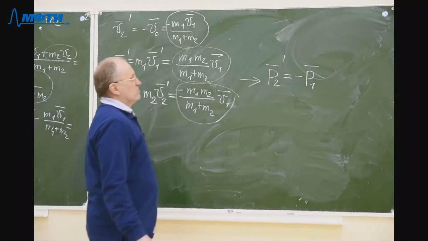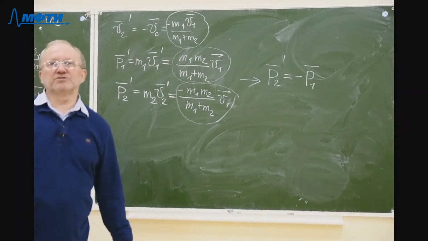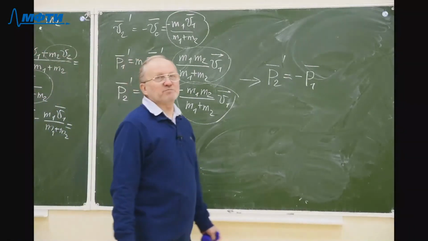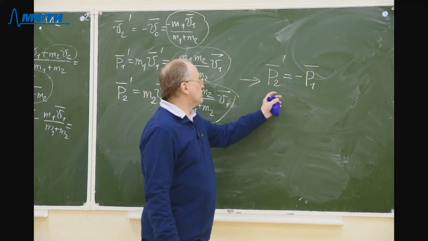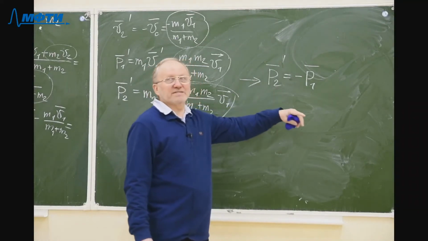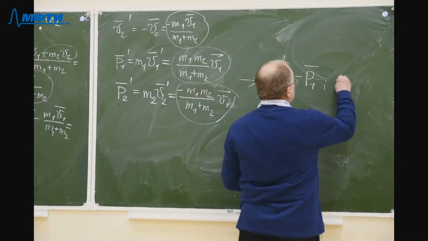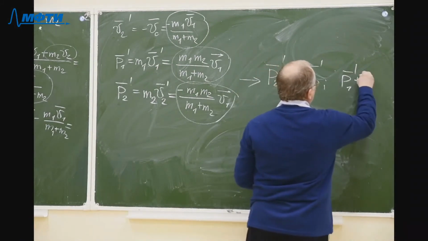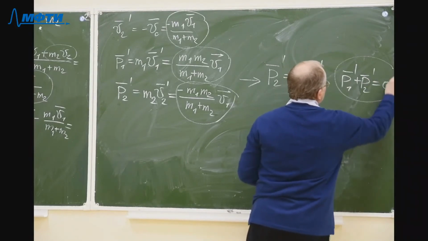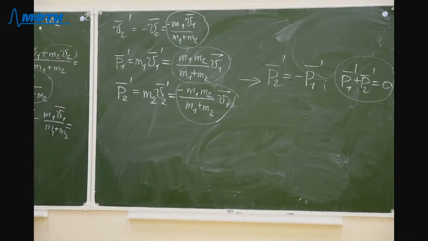It's such a point in space that, from the point of view of the reference frame attached to it, the total momentum of the system equals 0, so that P1 plus P2 equals 0. And we have obtained this result, which confirms that our calculations are correct.